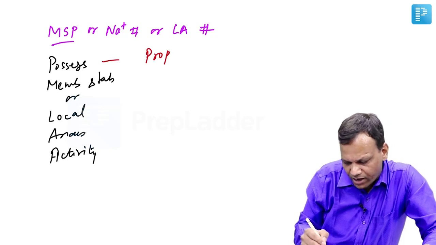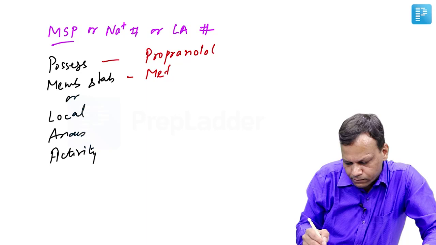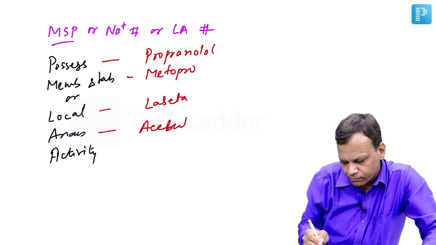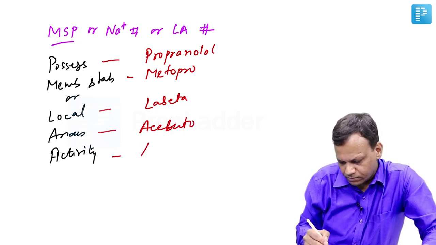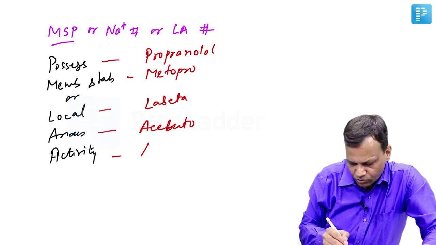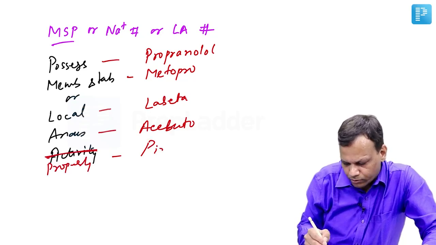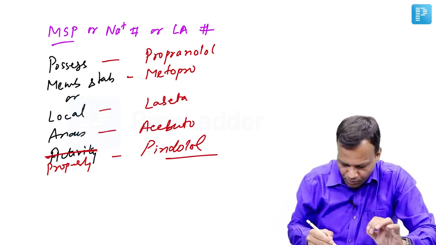P stands for propranolol, metoprolol, labetalol, acebutolol, and pindolol. So these are having membrane stabilizing property.